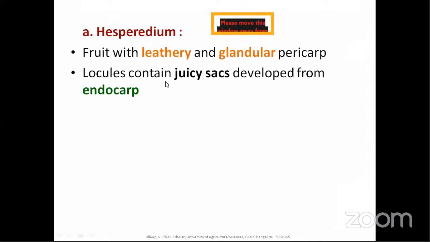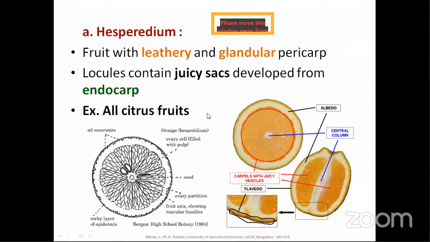Moving to another fleshy fruit, Hesperidium, a fruit with a leathery and glandular pericarp. What is glandular? It has glands which contain juice, and those juice sacs are developed from the endocarp. All citrus fruits are like this. Here is the fruit.